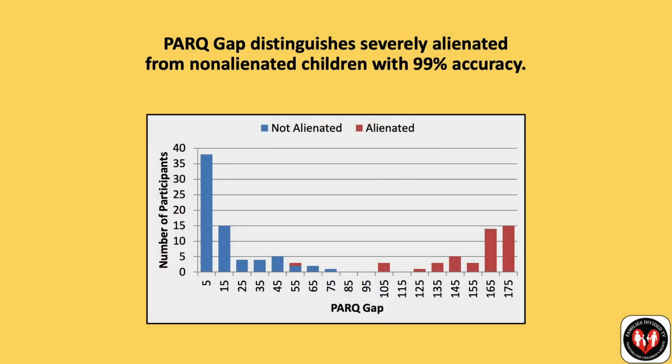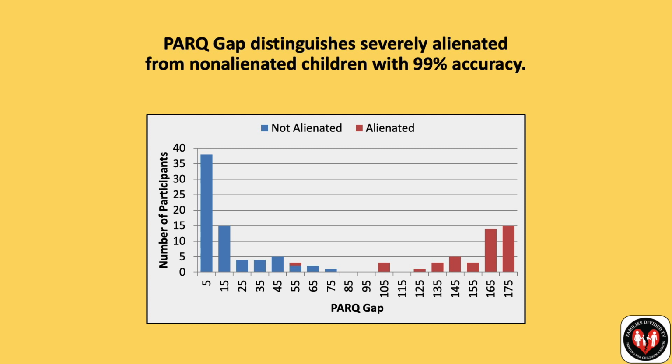So that was a very dramatic outcome. And in the next slide, you can see that we created a measure which we call the gap. The PARQ gap is the difference between the mother score and the father score. With the alienated children, where one parent has an extremely low score and the other parent an extremely high score, that's the gap.